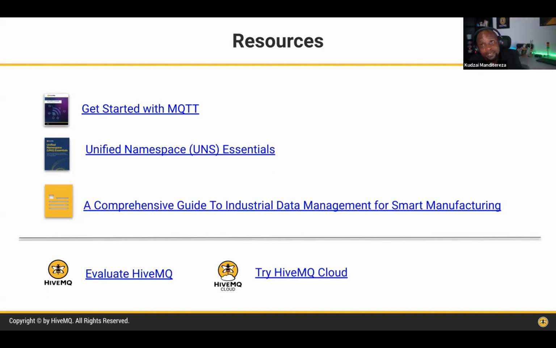How you could measure industrial data management is how easy or how fast it is for you to get to that actionable insight. If your goal is to determine when equipment is about to fail, within 30 minutes or within 20 days, however you define it, that's a measure of success.